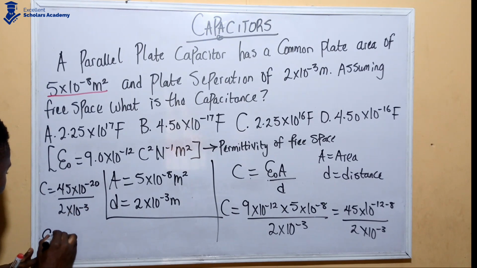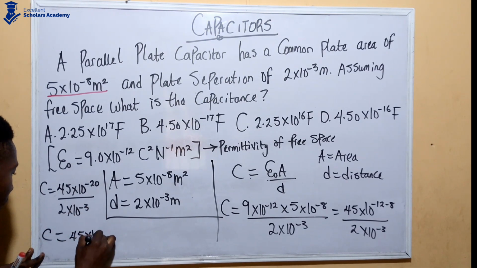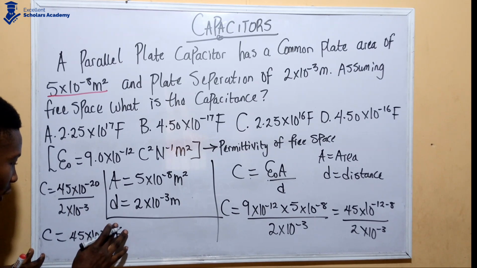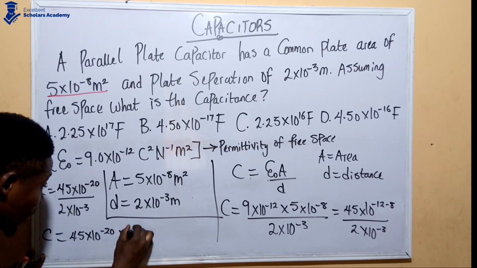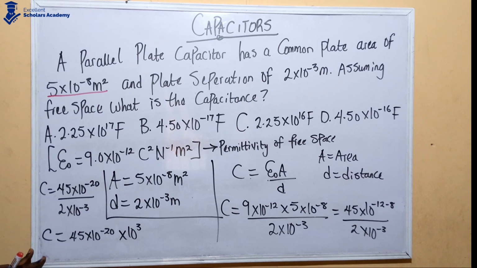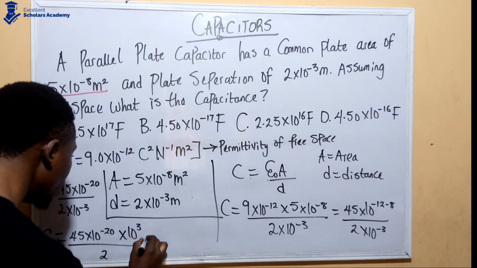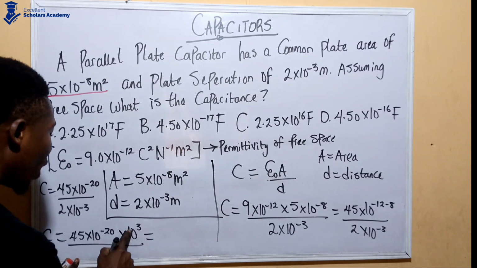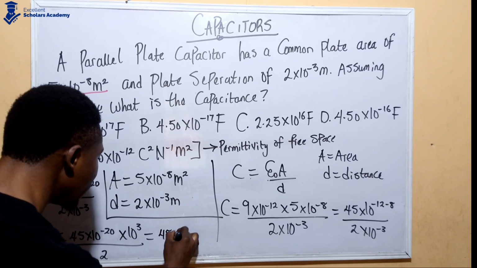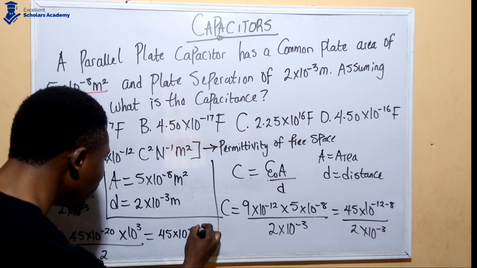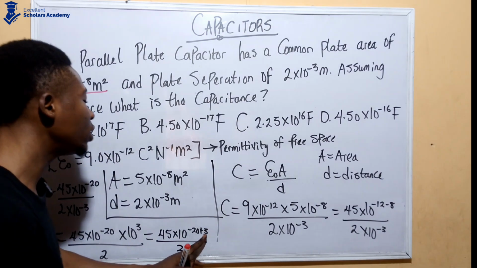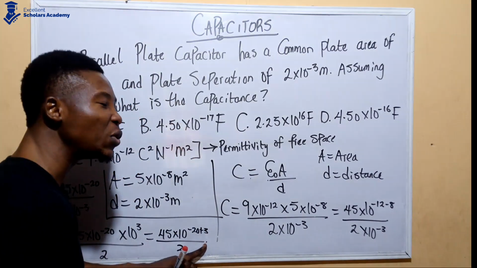So C is equal to 45 times 10 to the power of minus 20, multiplied by 10 to the power of 3, over 2. Now these have the same base, so add their powers: minus 20 plus 3 gives you minus 17.